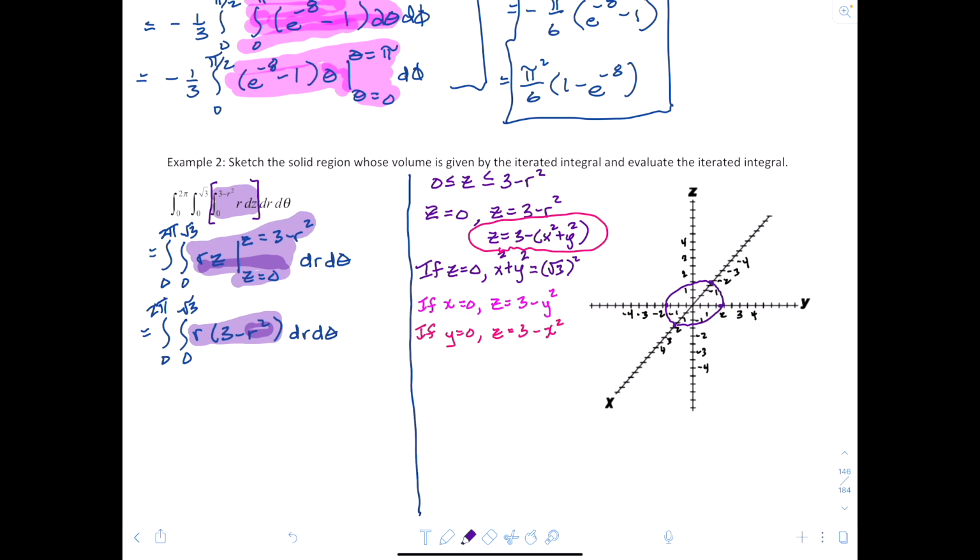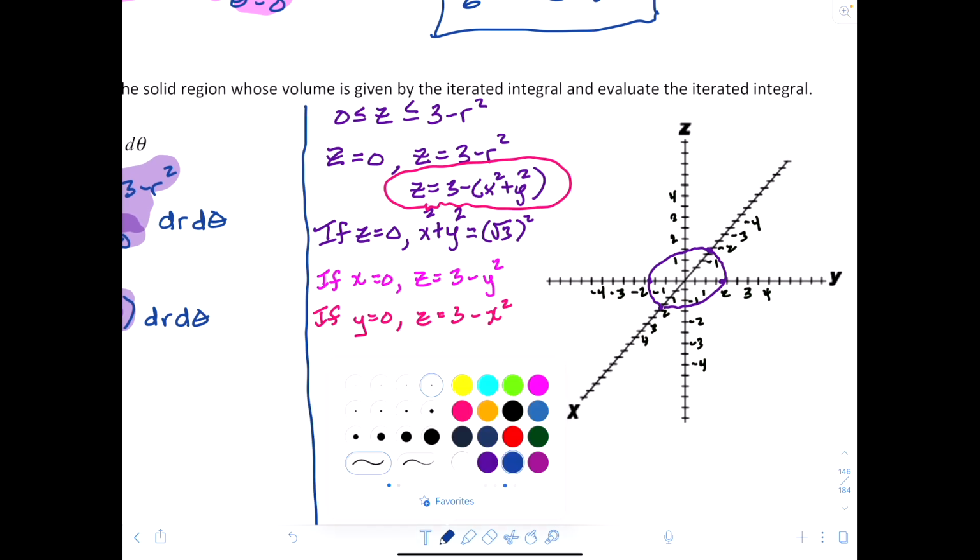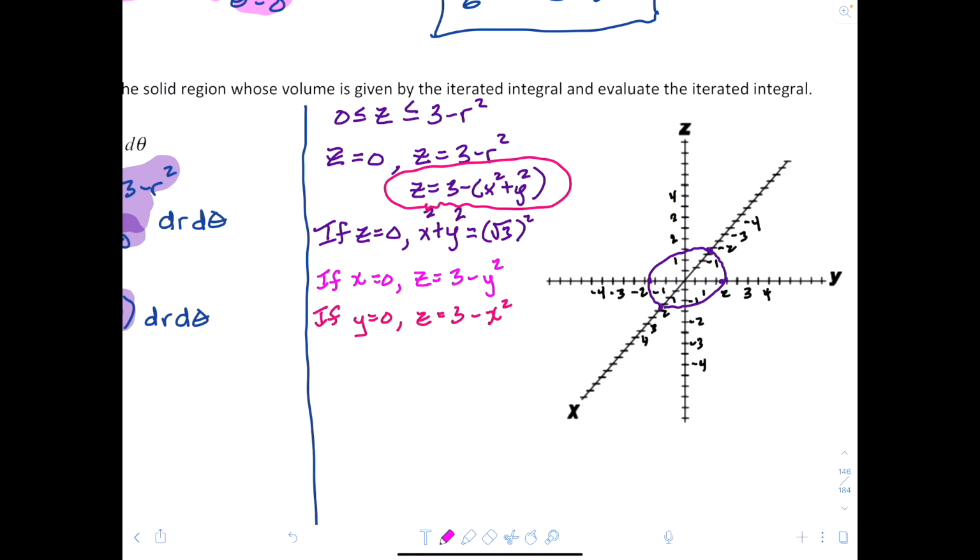Let's continue with our graph. When x was 0, z was equal to 3 minus y squared. So you would have a parabola opening downward, starting up at 3 in the yz plane.